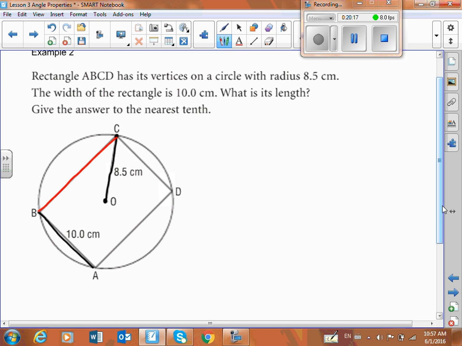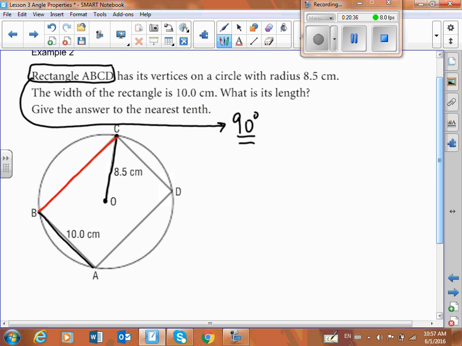Okay, a couple of things we can assume in this question. First of all, it's been defined as a rectangle ABCD. Tell me something you know about the angles in a rectangle. Did you all just shout all angles in a rectangle are 90 degrees? I hope so.